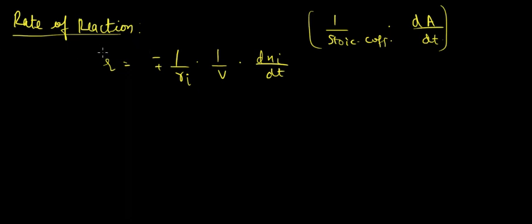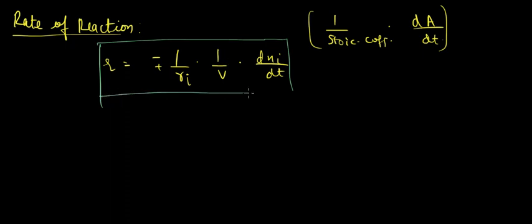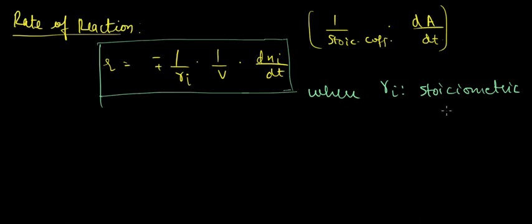Here, gamma I is nothing but the stoichiometric coefficient, and dNi by dt is the change in number of moles.